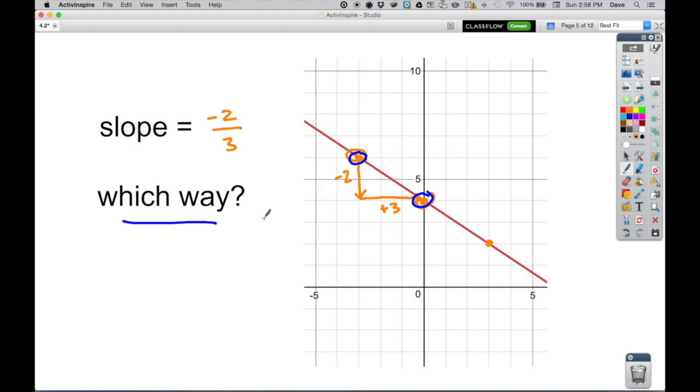Well, the nice thing is it doesn't matter. And this is the other reason that slope is written as a ratio or a fraction, because mathematically it all still works out. Let's say we started here and then went to this one instead. Well, that would mean the rise would be up 2 spaces, so +2, and then back to the left 3 spaces.